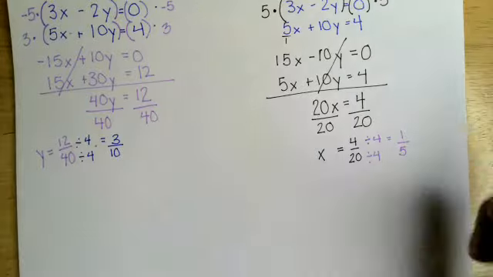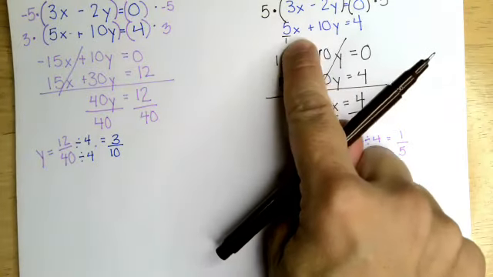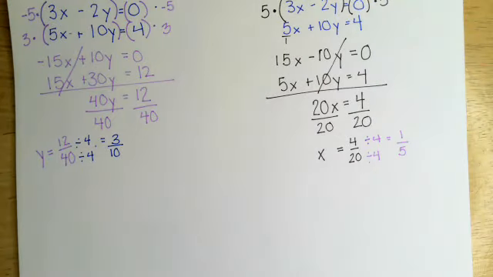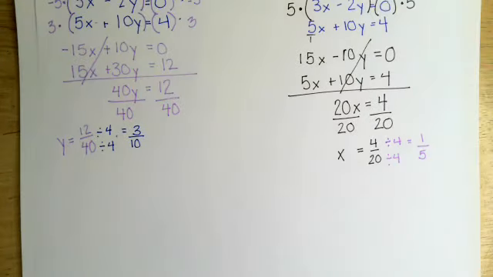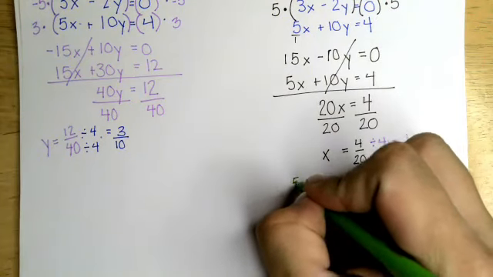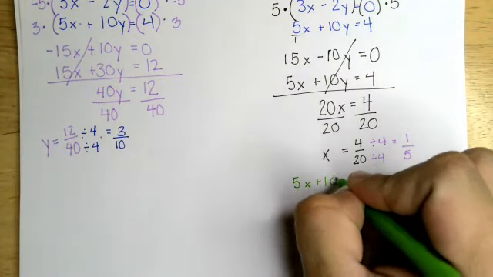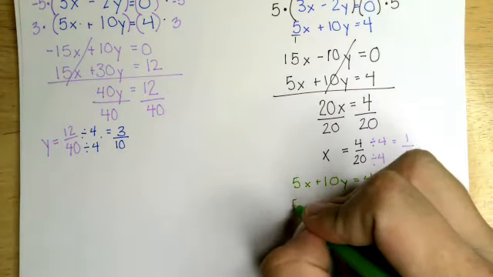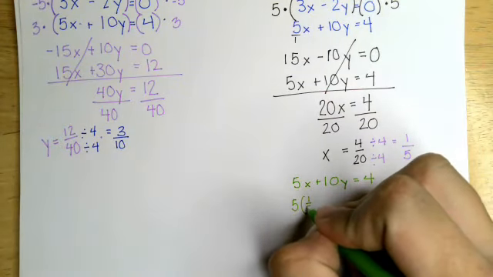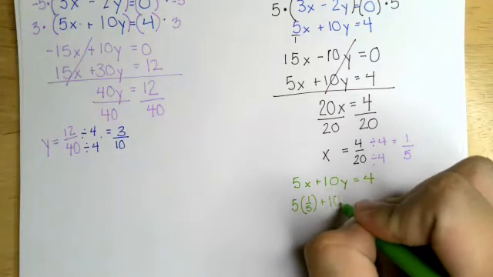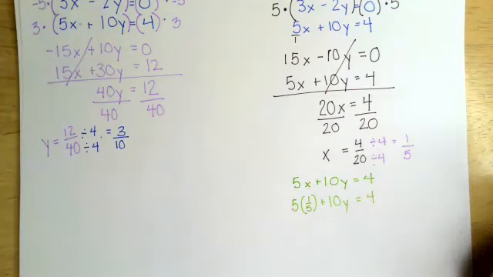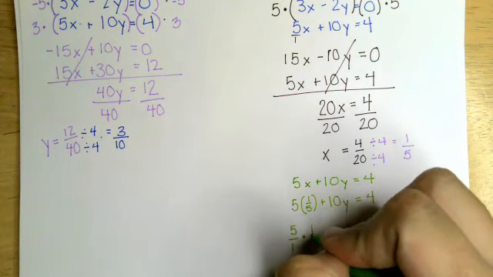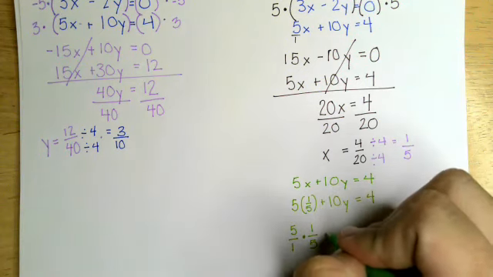So I'm going to put x into this second equation. The second equation is 5x plus 10y equals 4. 5 times 1/5 plus 10y equals 4. So now that's 5 over 1 times 1 over 5.